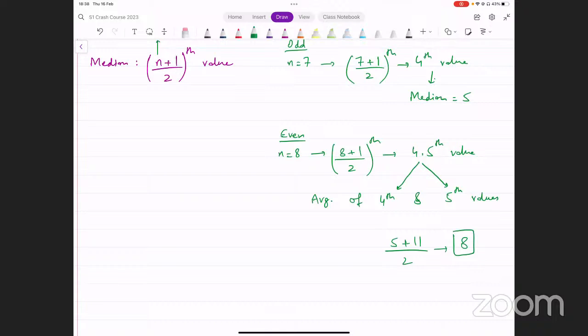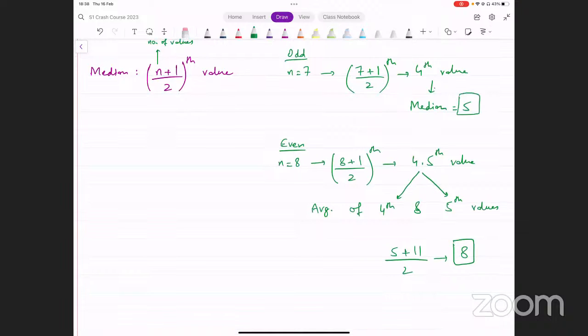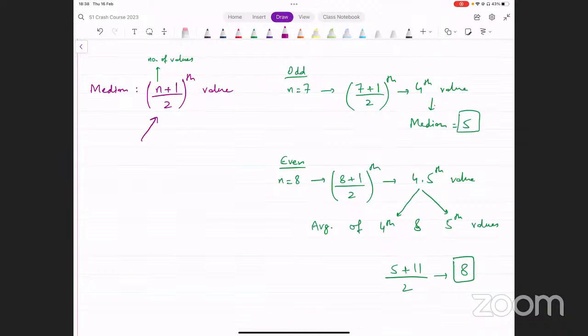And 8 is the median that we have in this case. All right, so this is the formula that we can use, n plus 1 over 2. This gives us the position of the median. And then once we have the position of the median, we can write down the median value from the data like this. All right, now next after this, we have the mode of data.